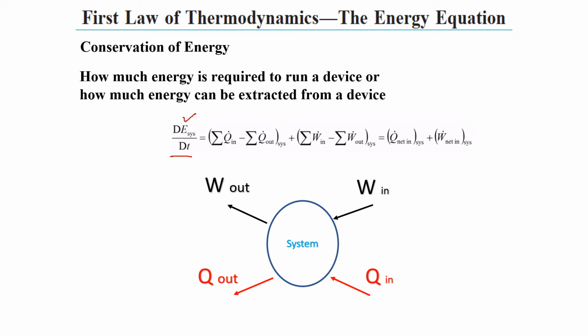That total change with respect to time in the energy of the system will be equated to those two terms, that is the heat in minus heat out for the system plus the work done on the system or the work done by the system. We can write it in net change terms, that is the net heat in the system plus the net work done by the system or on the system.